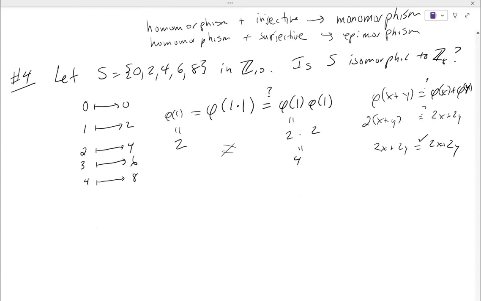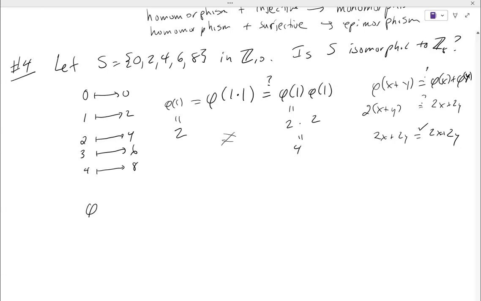Okay. So if we have phi of 0 for the first string, well, how can we rewrite 0? 0 plus 0, we've done that several times, right? And then since this is just a homomorphism, by the way, this has nothing to do with isomorphism.